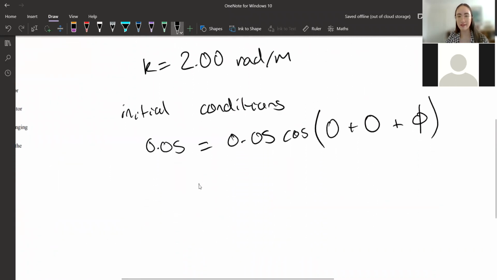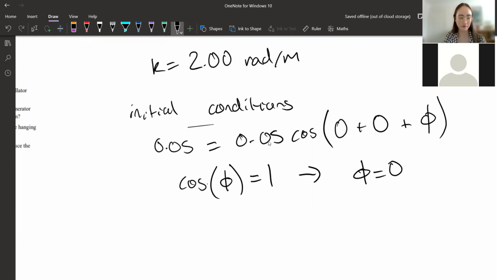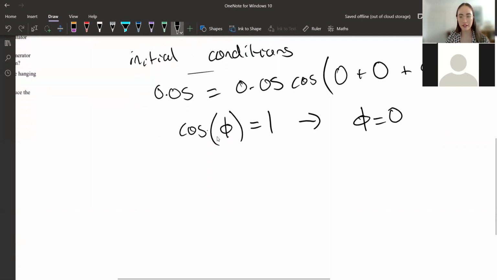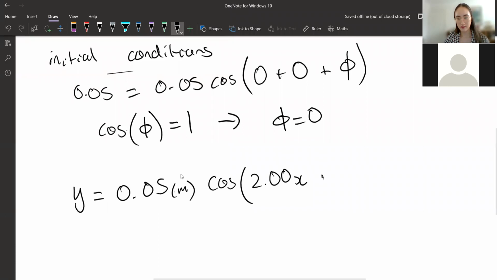So the only way these are equal is when cos phi is equal to 1. And that occurs when phi is equal to 0. So we can just write this now as y is equal to 0.05 meters cos(2.00 x + 2.00 t).